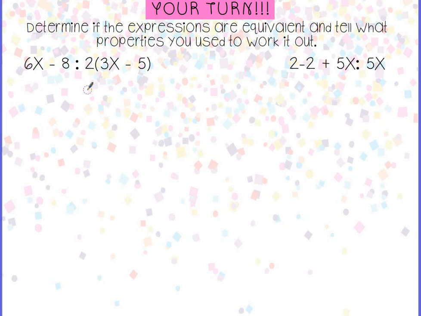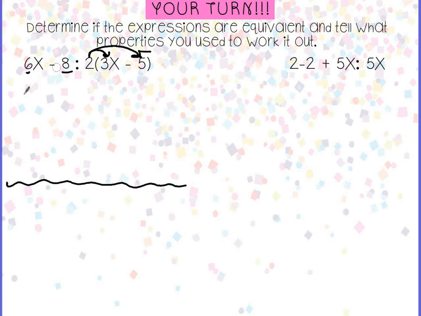All right, so here we could have done this one of two ways. We could have looked at 6 and 8 and decided to pull out 2, or you could have distributed the 2 to the 3x and the 5. I'm going to show you both ways, because both ways will get you the same answer.